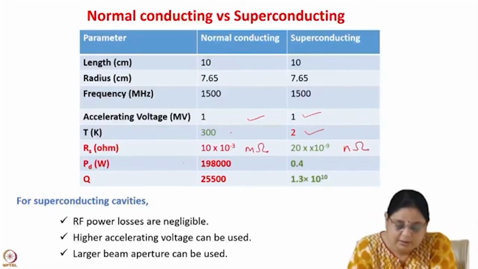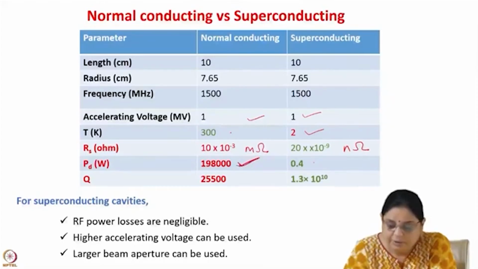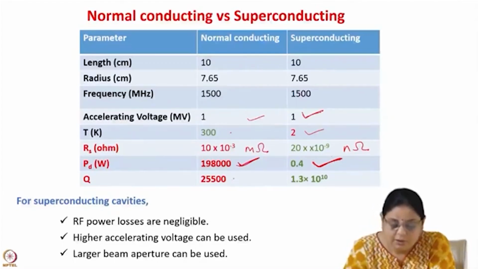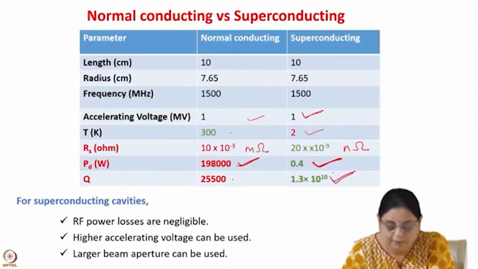As a result, the power dissipated in the normal conducting cavity is very high, and if you see, for the same accelerating voltage, the power dissipated in the superconducting cavity is very, very small. Compared to 198 kilowatt here, the power dissipated is less than a watt. The quality factor also is very high in a superconducting cavity.